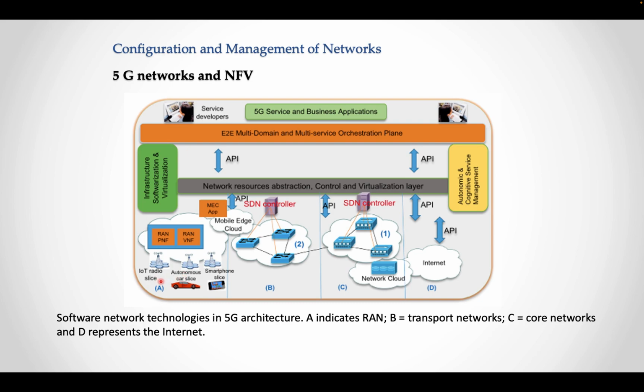Each of these things has its own requirements, and it has to connect to its own clouds. So, for example, the autonomous car slice might need to connect to a mobile edge cloud. The smartphone slice probably needs to connect to a network cloud or a more central cloud, and so on.